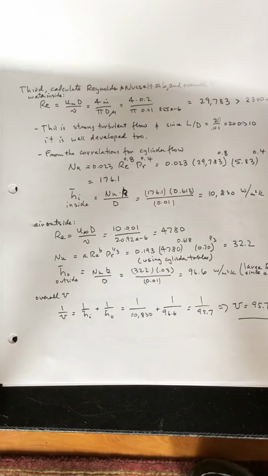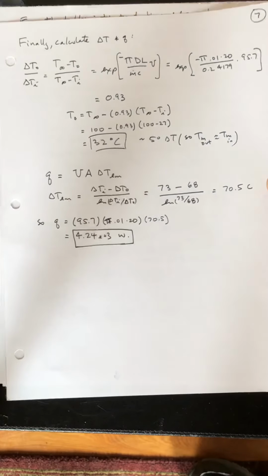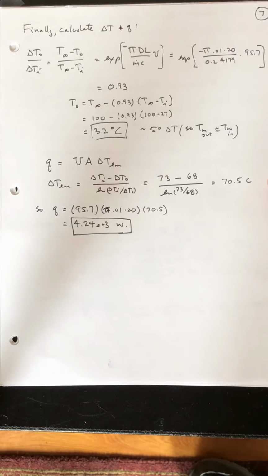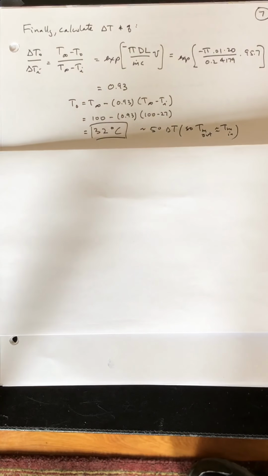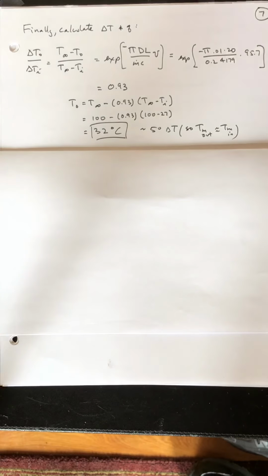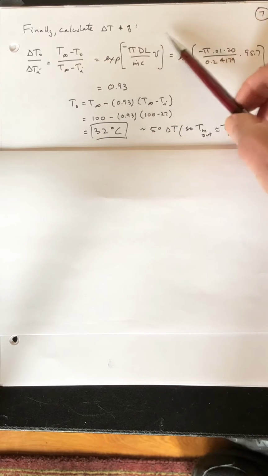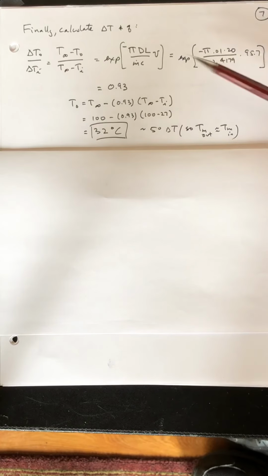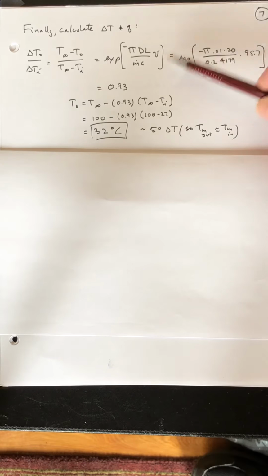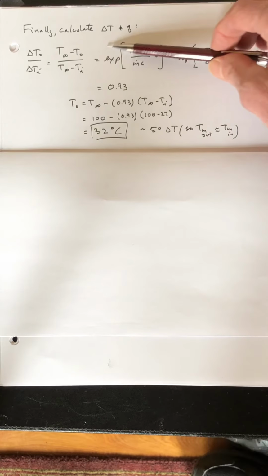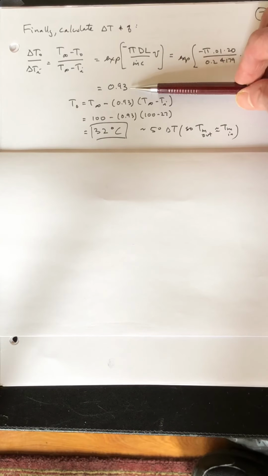So now we can finish the problem, and we'll first calculate our temperature differences. And again, knowing our exponential curve, and now knowing our conductance coefficient, we can then compute that exponential term, which is 0.93.